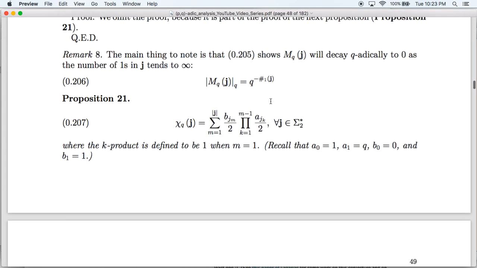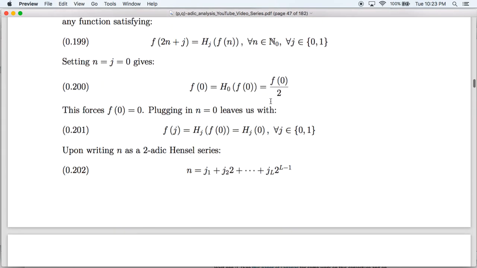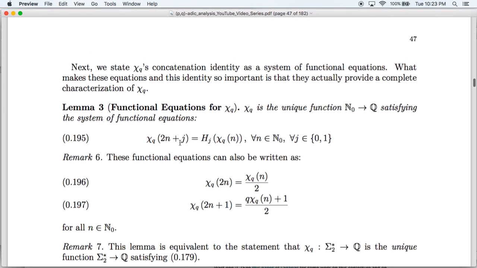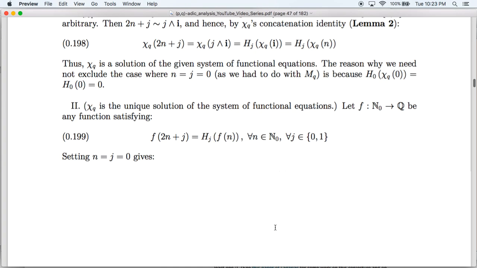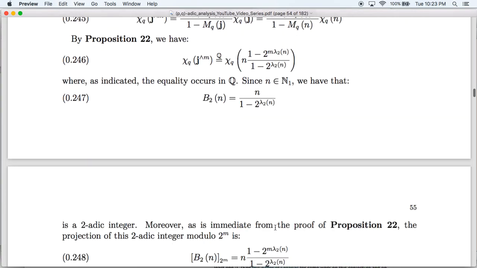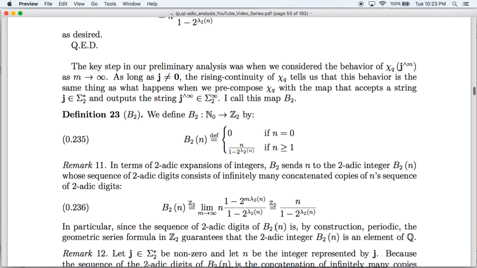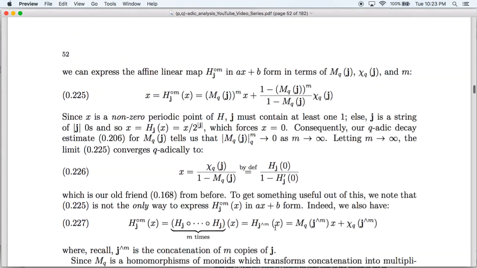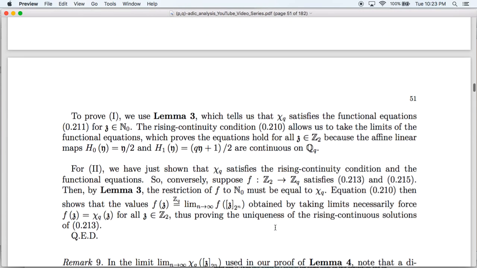So by the case for integers, we get that chi_q of 2 times z mod 2^n is equal to chi_q of z mod 2^n over 2, and likewise for the odd branch.